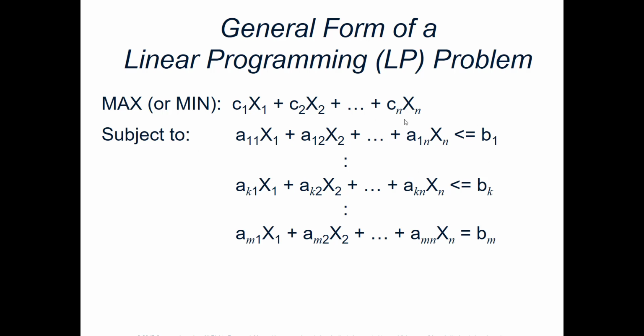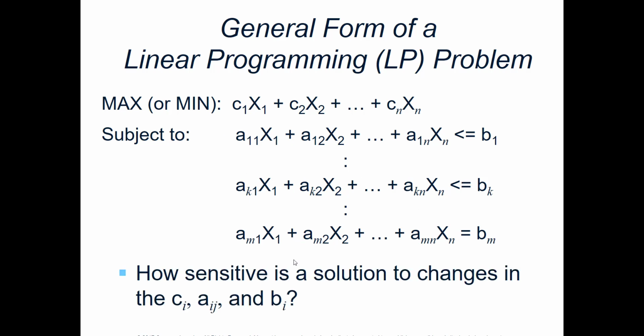So this is the first constraint, and then the kth constraint and the nth constraint that we have, and the type of the constraint can be equal, less than or equal, or greater than or equal. So these are the three types of constraints that we may have.